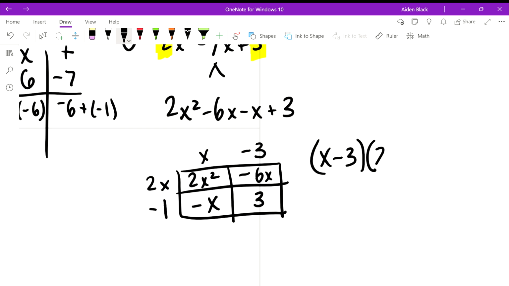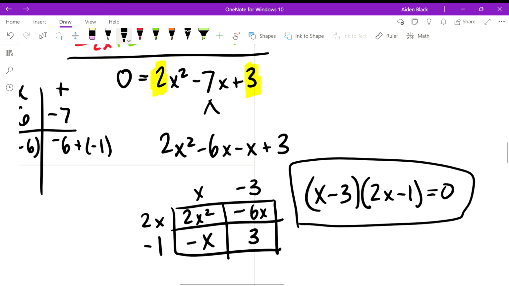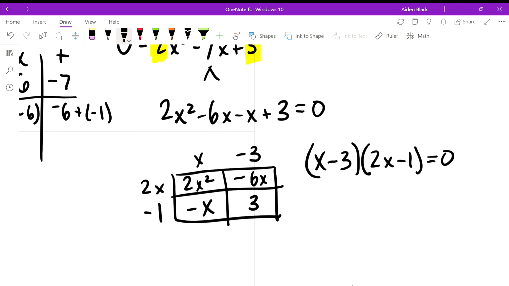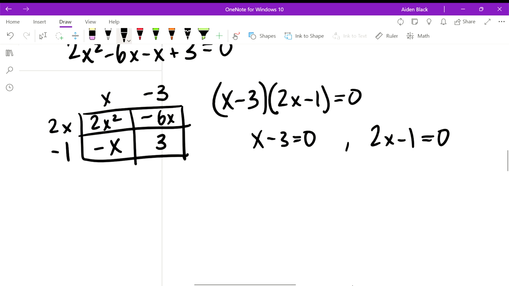and then 2x minus 1 equals 0. This is our factored form of this equation here. Factored form is important because it allows us to find the solutions for x. So x minus 3 equals 0 will give us one solution, and then 2x minus 1 equals 0 will give us the other solution. In the first case, we have x equals 3 if we add 3 to both sides.